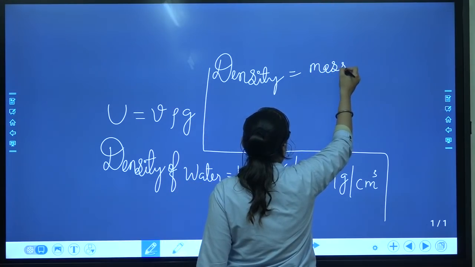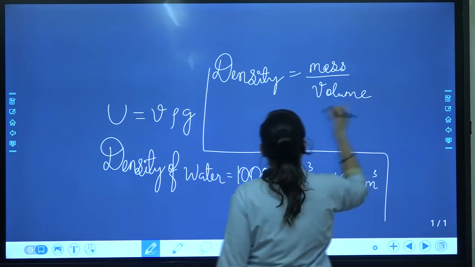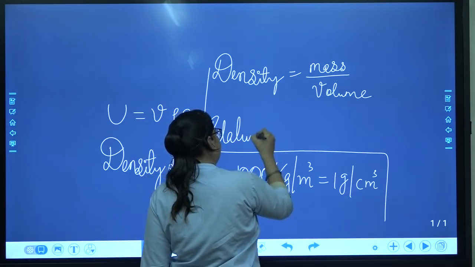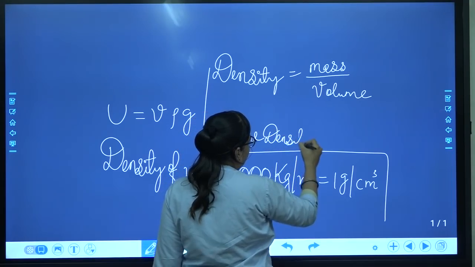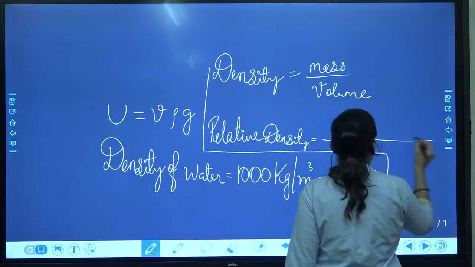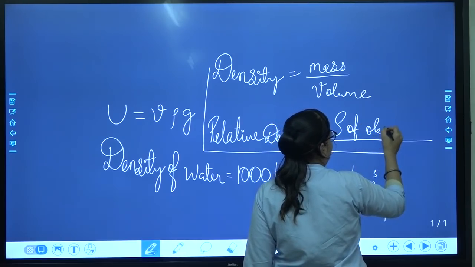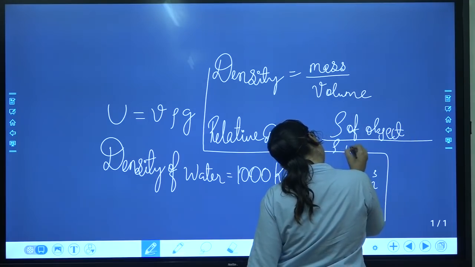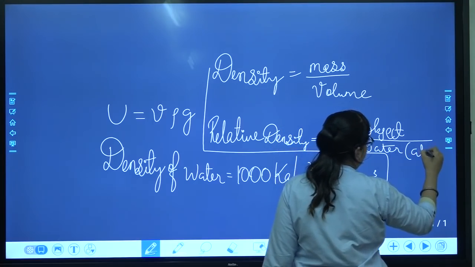Density is defined as the ratio of mass and volume, while relative density is defined as the ratio of density of object and density of water at 4 degrees Celsius.